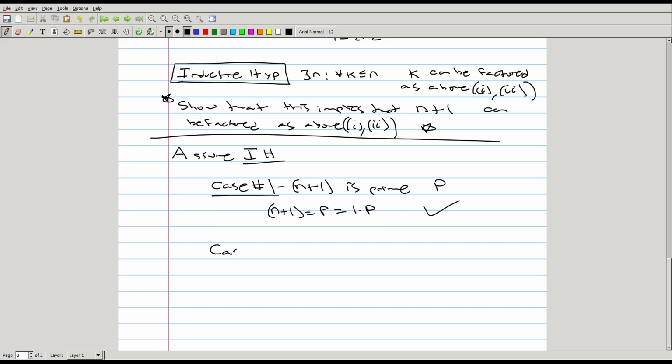So the interesting case here is case number 2, because this is the case where we actually have to use the inductive hypothesis. This is where n plus 1 is a composite. If this is the case, then there exist integers a and b such that a is strictly less than n plus 1 and b is strictly less than n plus 1.